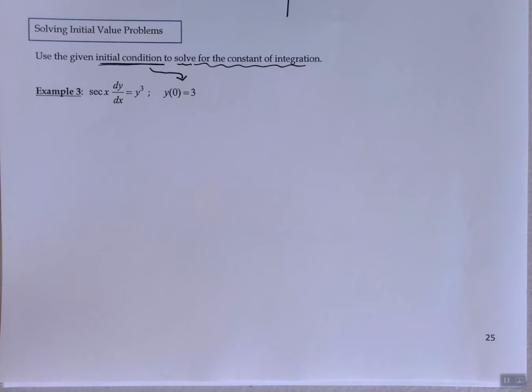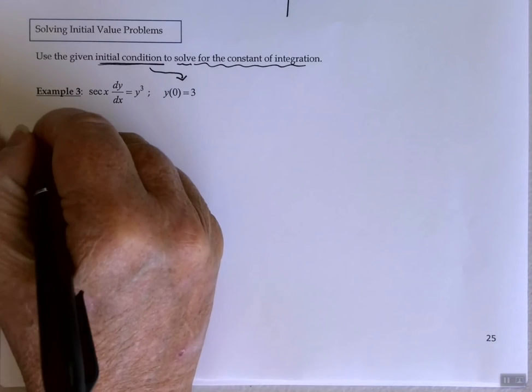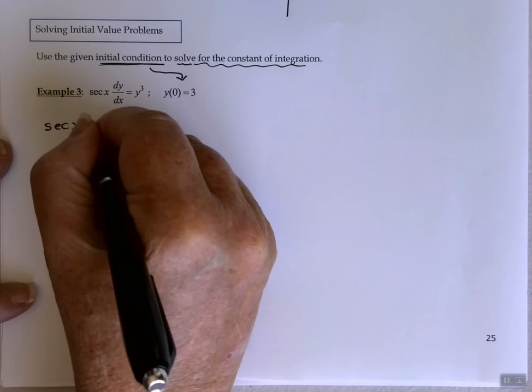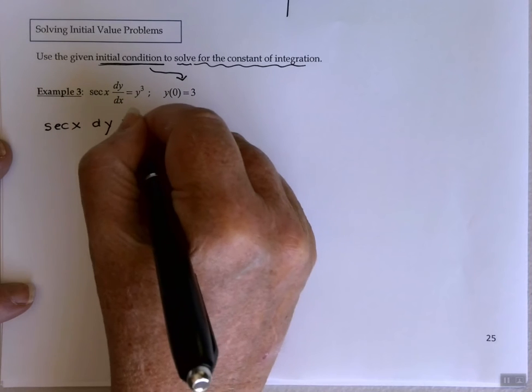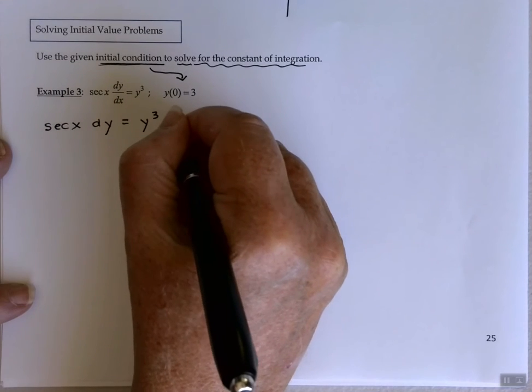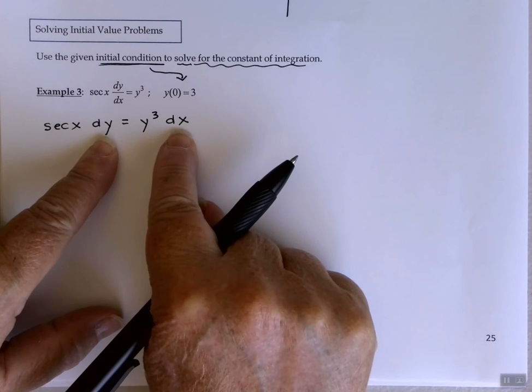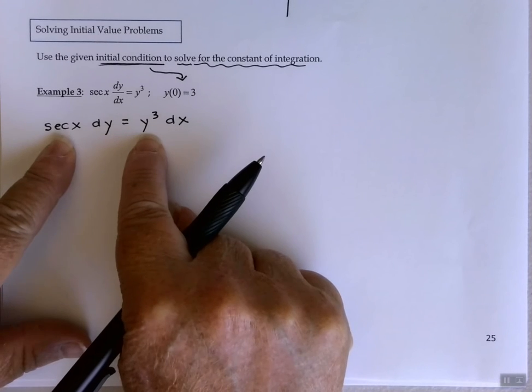So let's go ahead and do this. I first need the general solution. Let's see here. If I multiply the dx over, I would have secant x times dy equals y cubed times dx. That needs to be the y side. That needs to be the x side. So I've got to swap these guys.